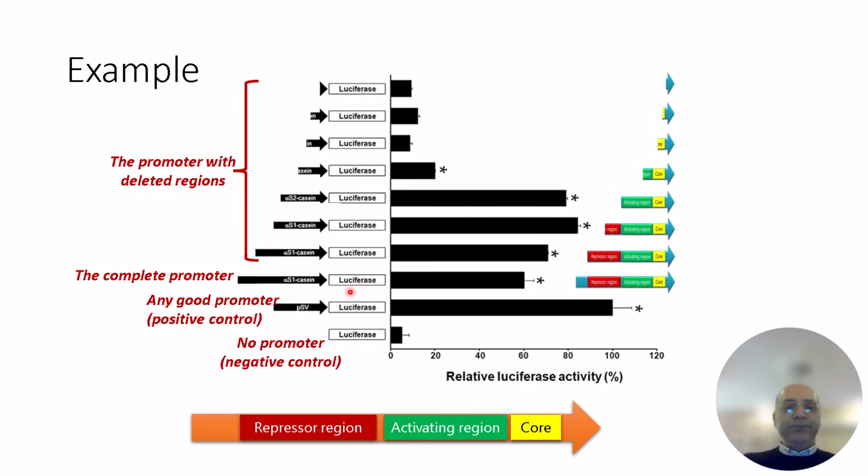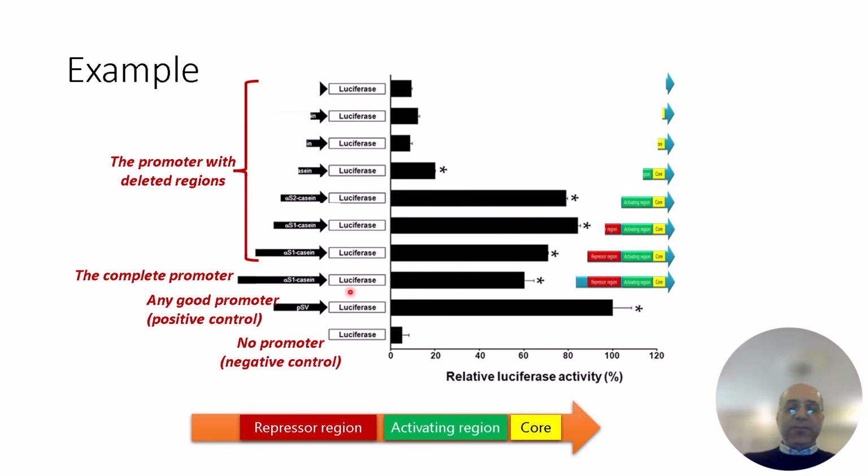Now, I have to have controls. I have to have things that either work or do not work, so that I can compare my experimental DNA with the controls to make sure that the conditions of my experiment are fine. So I create negative controls and I create positive controls.